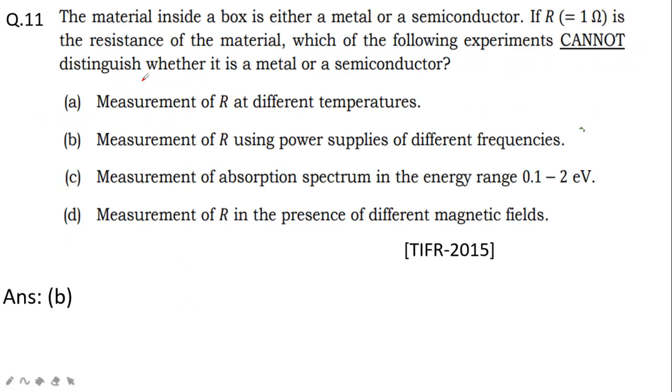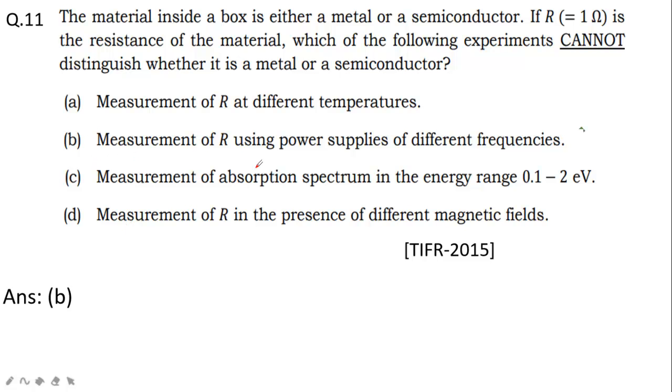Question number 11. The material inside a box is either a metal or a semiconductor. If R equals 1 ohm is the resistance of the material, which of the following experiments cannot distinguish whether it is a metal or a semiconductor? There are 4 options and it is also an easy one.